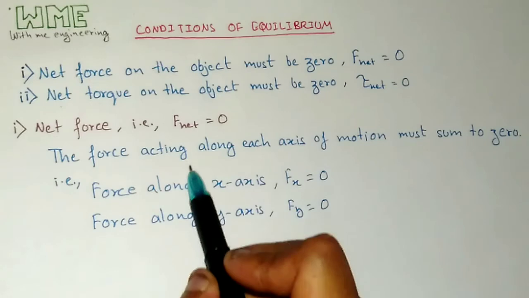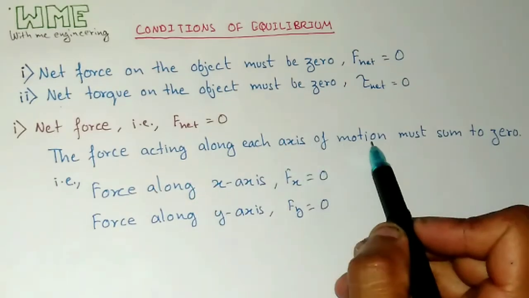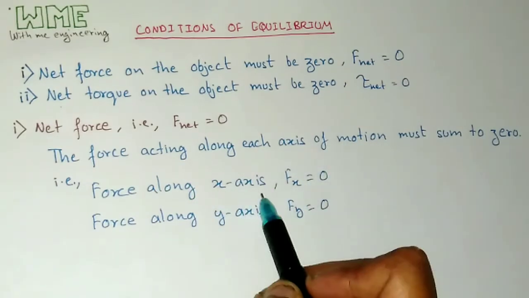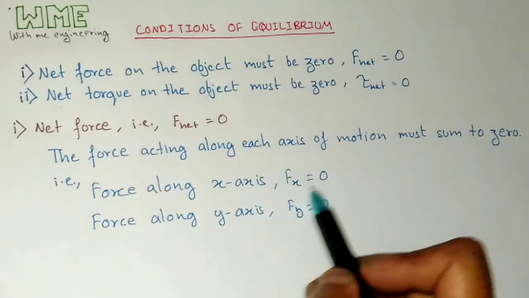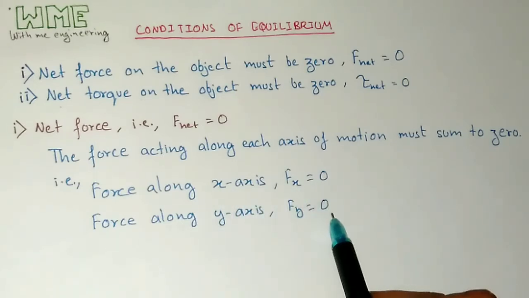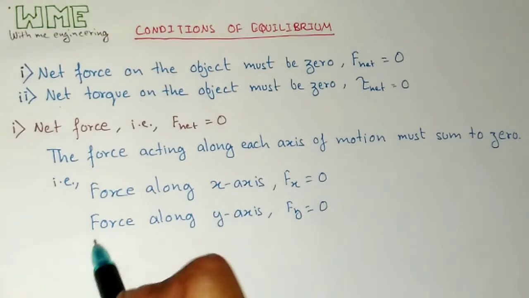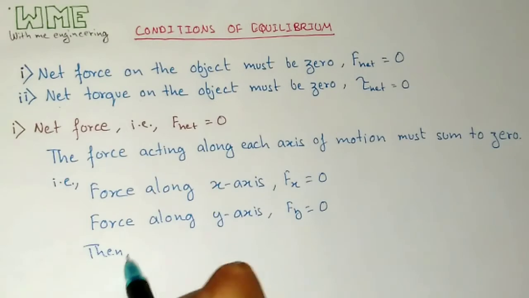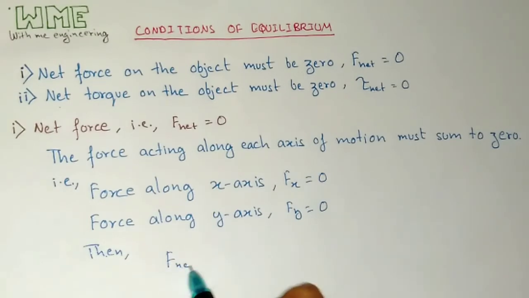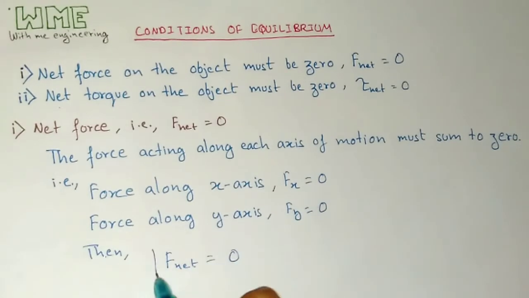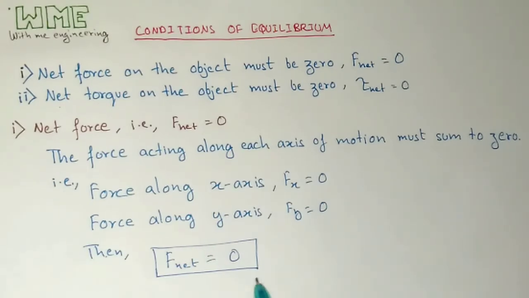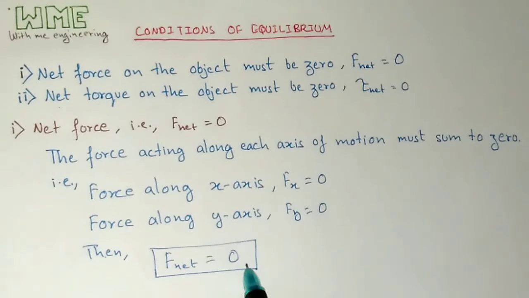So the forces along these two axes of motion must be 0. Then F net will ultimately be 0, and the first condition has been proved. If F net is 0, then the body can attain the state of equilibrium.